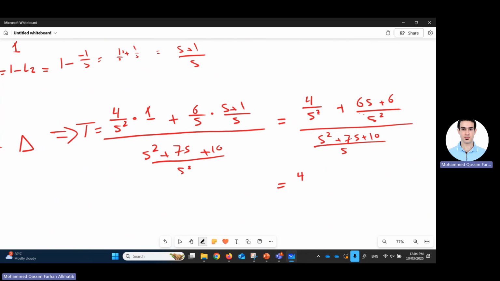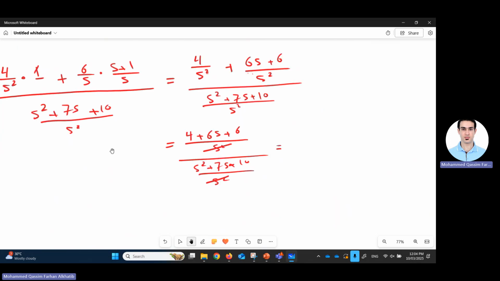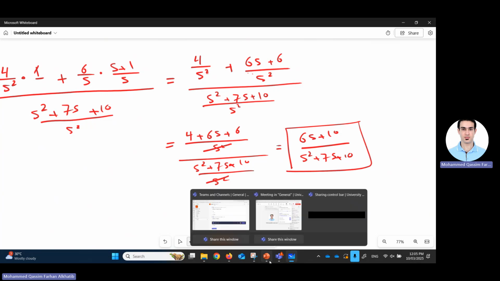So I'll have 4 plus 6S plus 6 over S squared over S squared plus 7S plus 10 over S squared, so square here. And simply these two will be gone, and the final answer will be 6S plus 10 over S squared plus 7S plus 10. And that's the final answer.